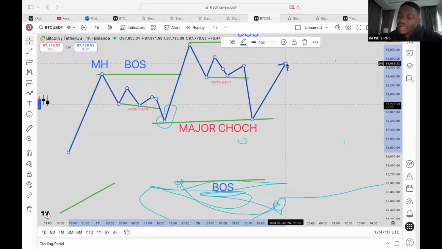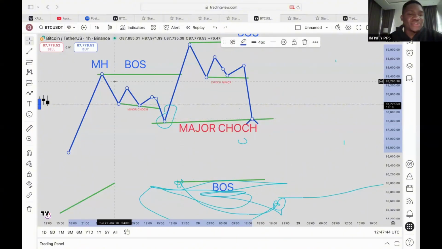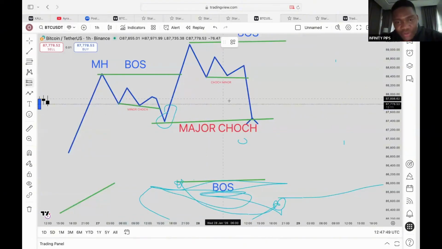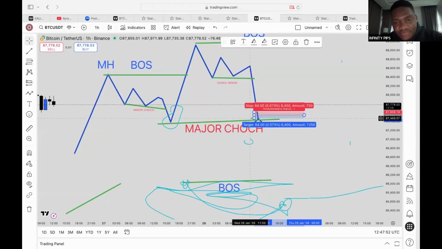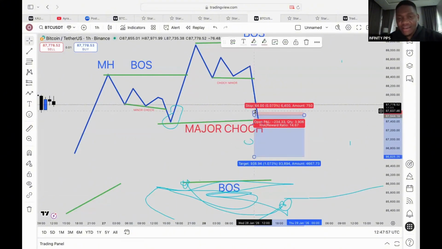Because of the mistake that some of us traders make, let me tell you what some of us do. Because it's already coming down here, you now run and put your trade here, your TP is here, and you put your SL somewhere around here.